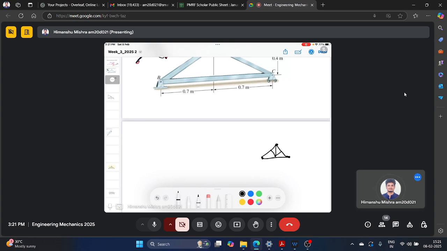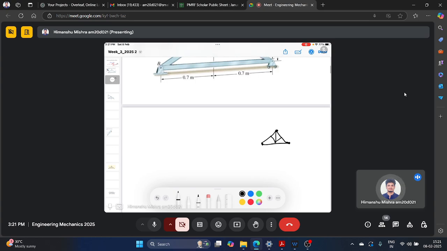If it contains any extra members which are not participating in distributing the force, then it is an indeterminate truss. Or whether it lacks a member such that it requires an additional member but it lacks a member in the body. For that you can check by using this equation.